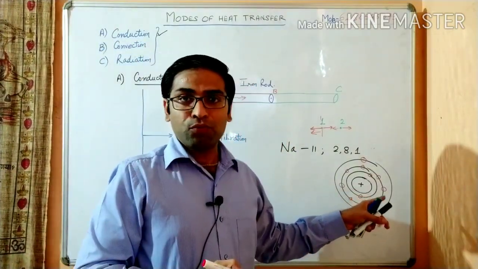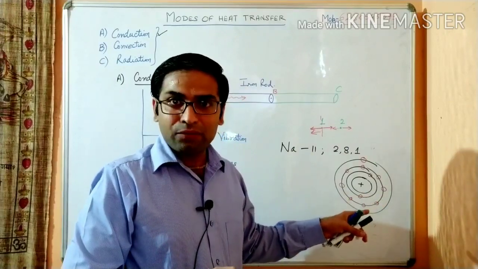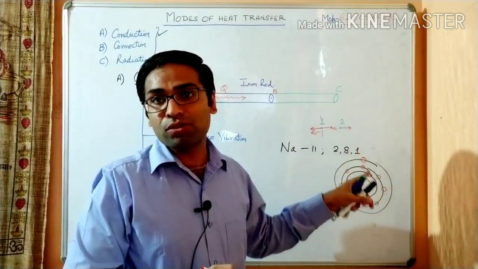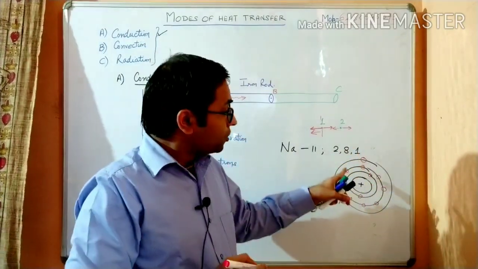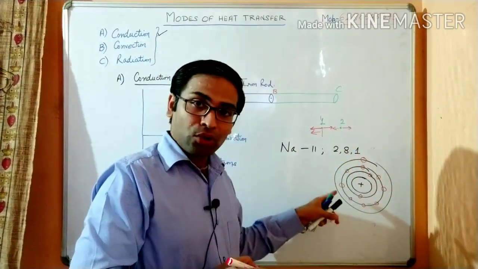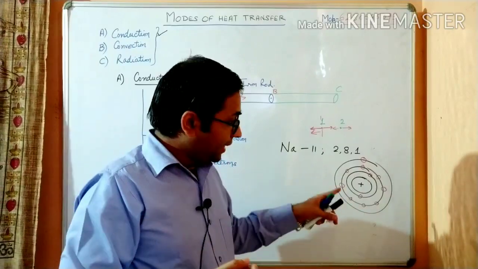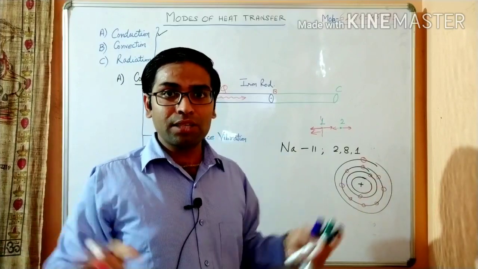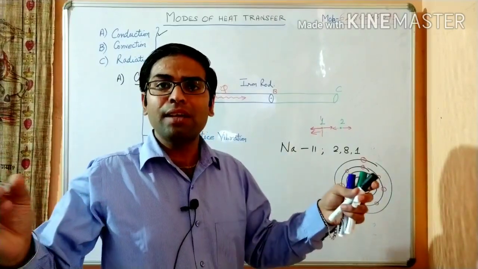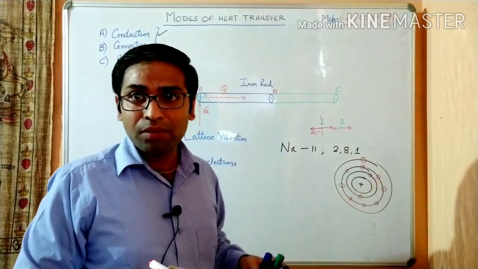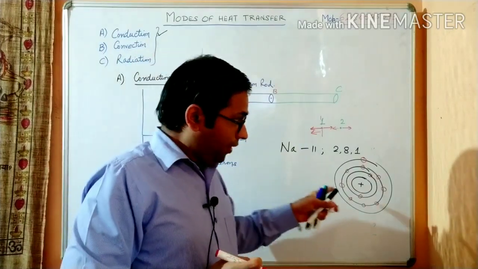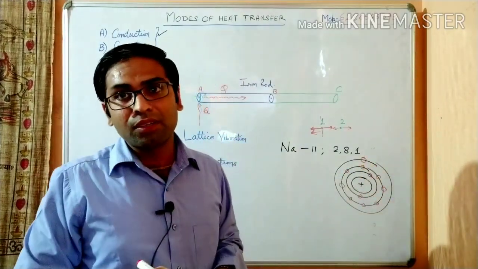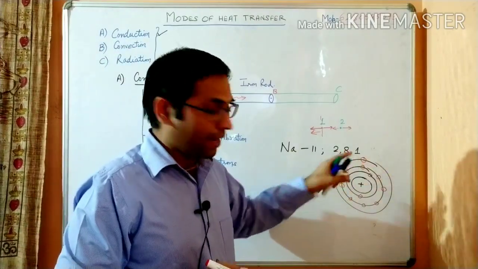But its electronic configuration will be completed, it will be stable, when the third orbit will have 8 electrons. This we know. So to complete its 8 electrons, there are 2 ways. Either it may accept 7 electrons from some external source, from some external atom, or it may give up its one single electron to complete its configuration of 2, 8.